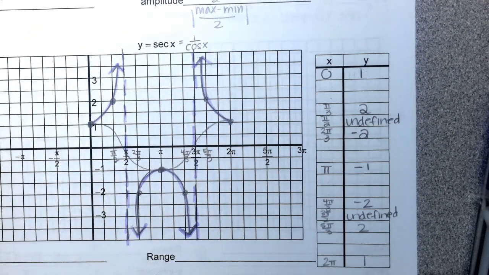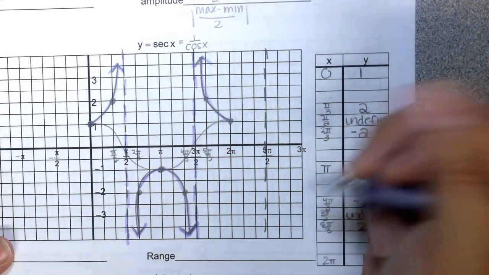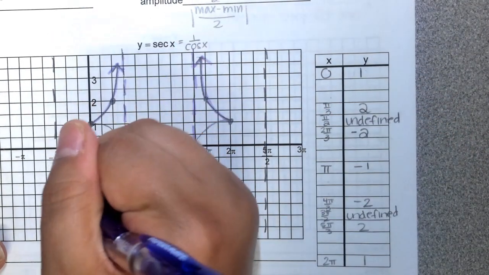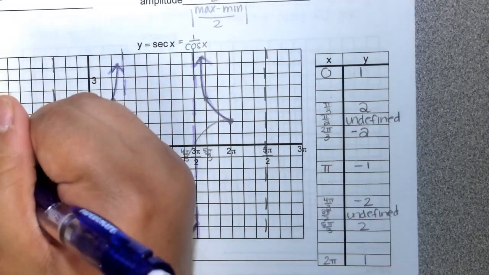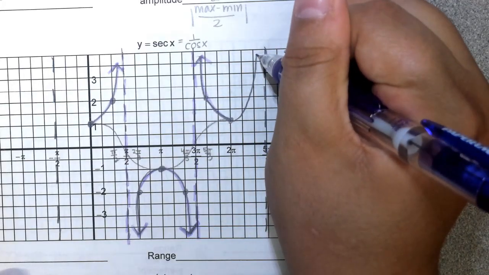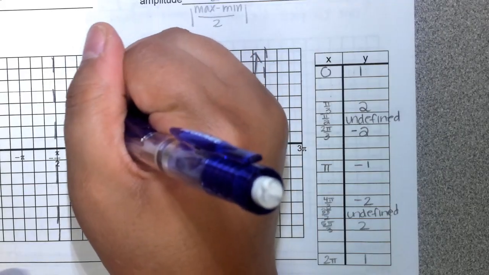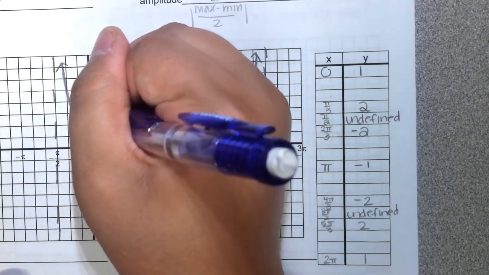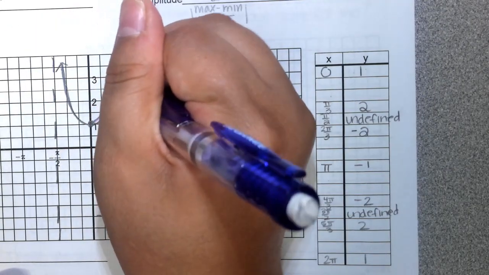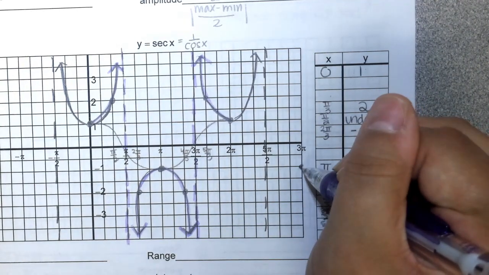Where are my asymptotes always going to be? Pi over 2s. I'm going to draw asymptotes. And my curves for this parent function without transformations are always going to be at 1 and -1. Please make sure your curves are not pointy. And then they alternate.